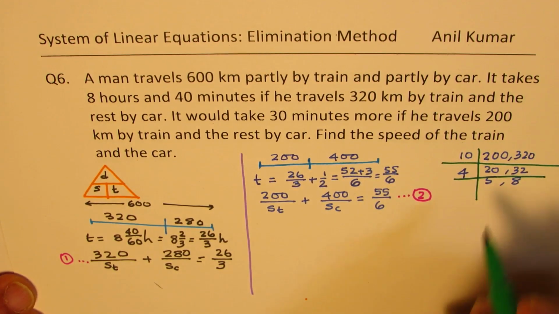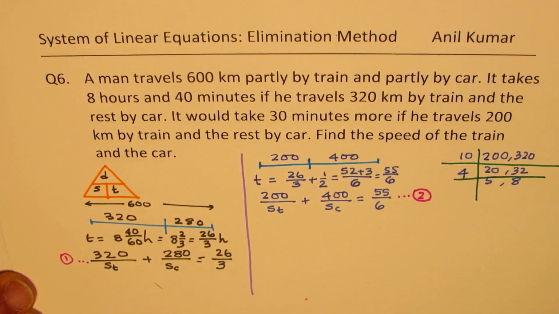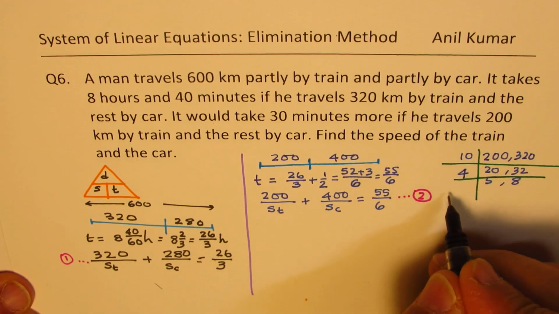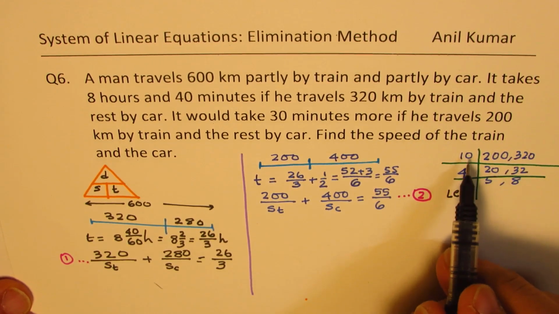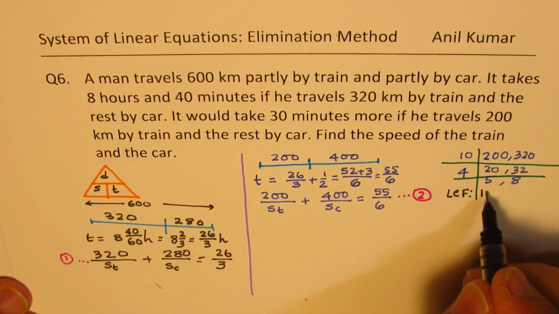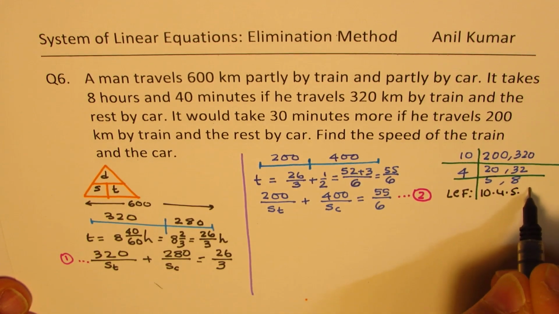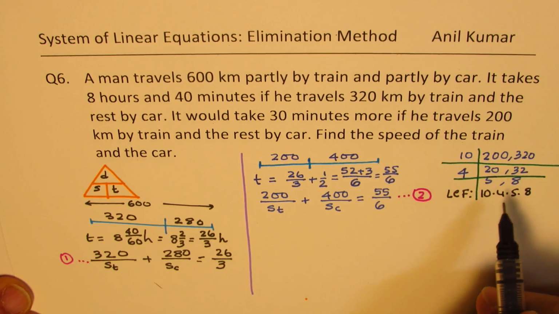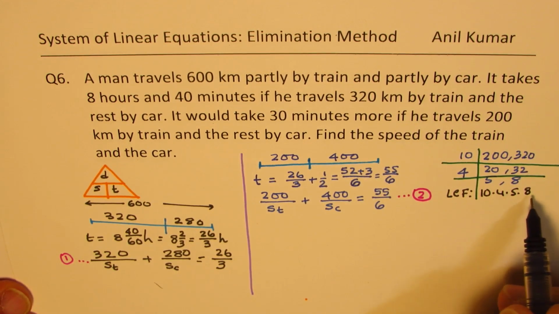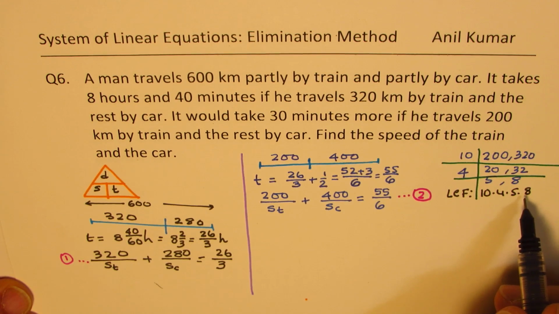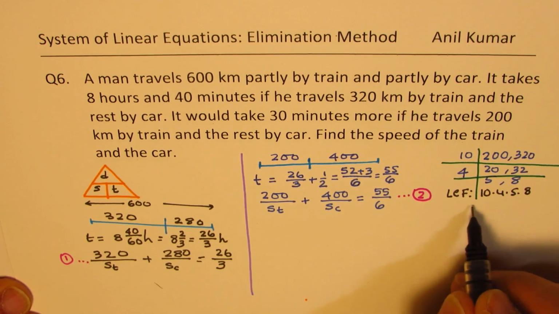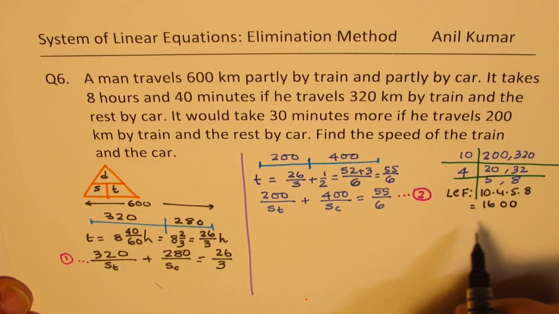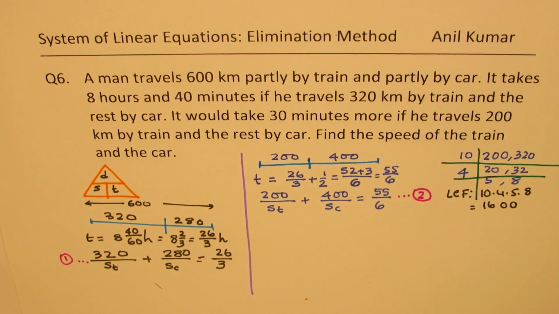So this calculation is for the lowest common multiple, correct? So in our case, it will be the product of these, which is 10 times 4 times 5 times 8, correct? Now 4 times 5 is 20, 20 times 8 is 160, and then times 10 is 1600, right? So that becomes the lowest common multiple.